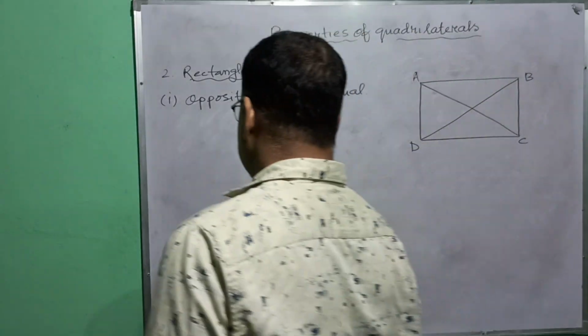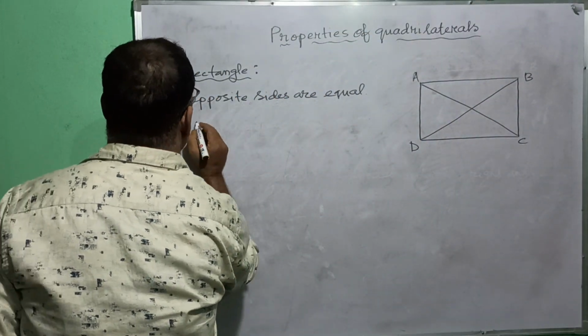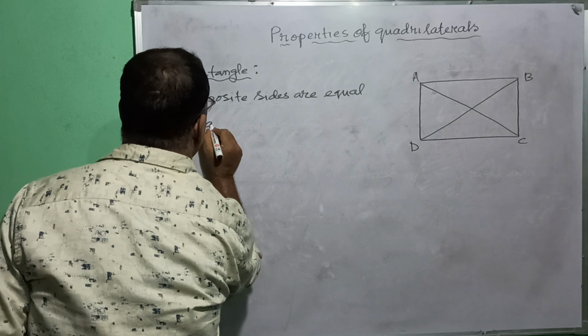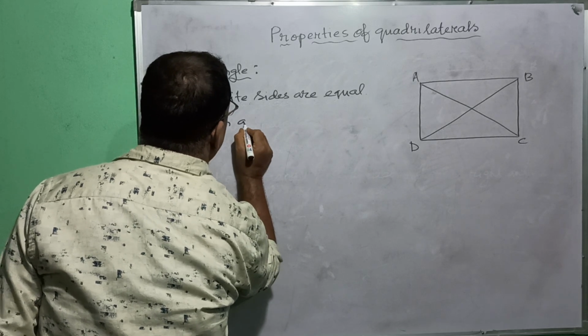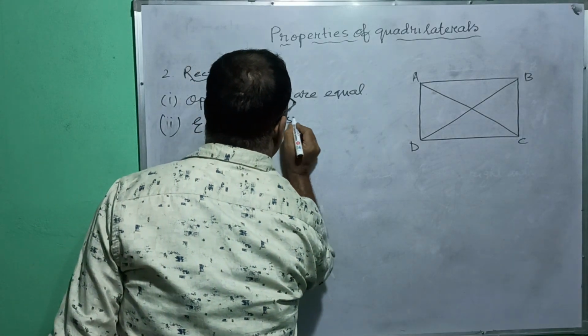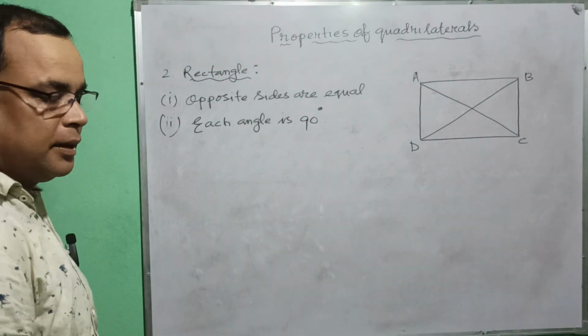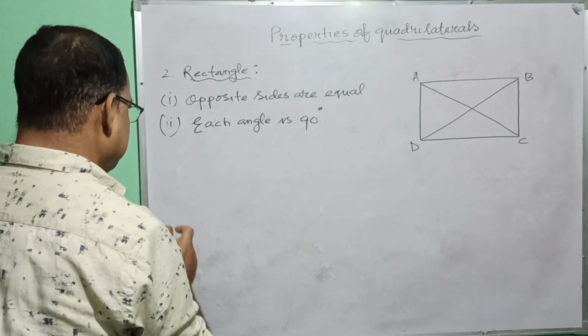So opposite sides are equal. In number two, we can write each angle is 90 degrees. So like square, in case of rectangle also, each angle is 90 degrees.